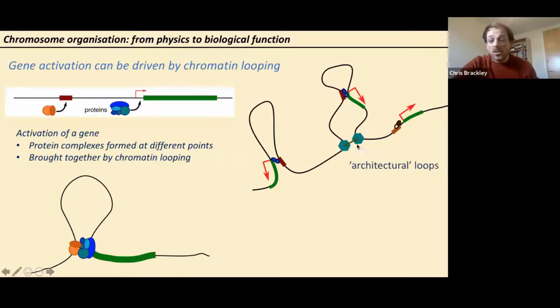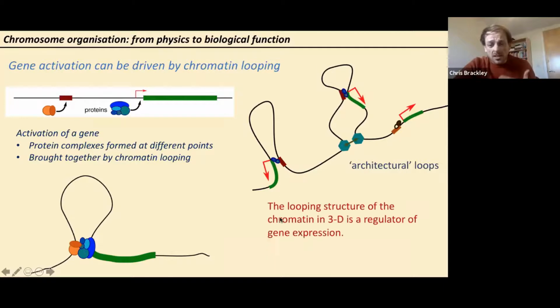So a loop which forms down here might make it more likely for this enhancer to interact with this promoter, and less likely for this enhancer to interact with other nearby promoters. Hopefully you can see from this that the looping structure of chromatin in 3D is a regulator of gene expression, and maybe you can start to see where polymer physics might be able to help us understand this. So we could think about asking questions like, what is the probability that certain loops will form within our chromosome?